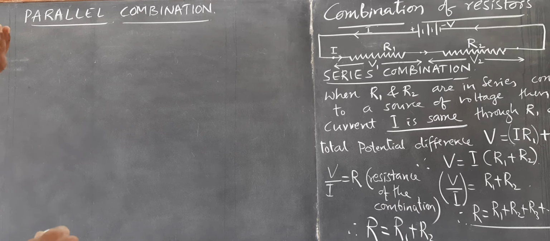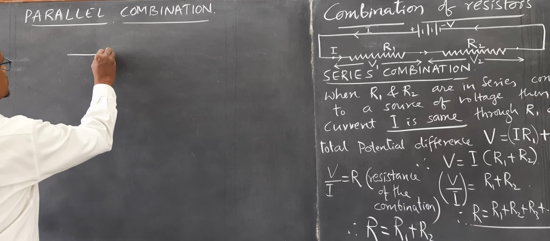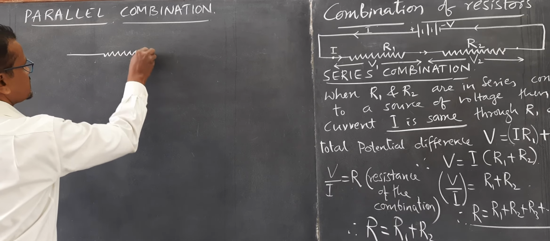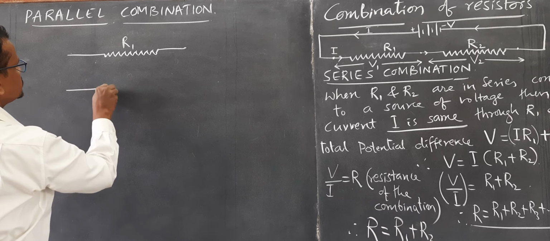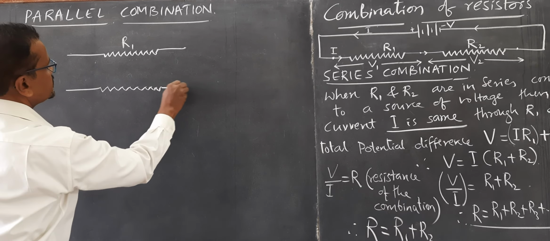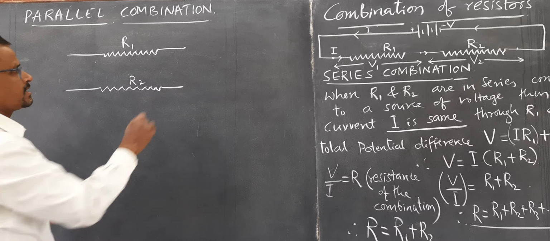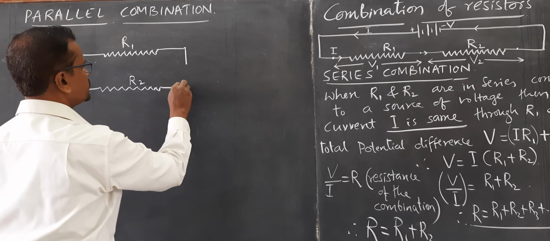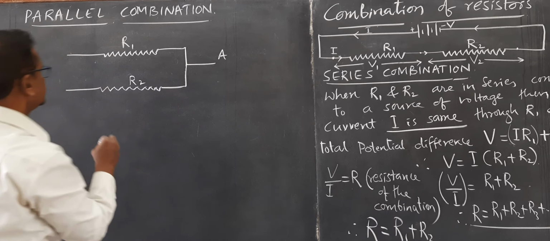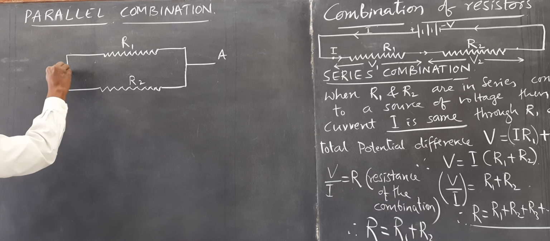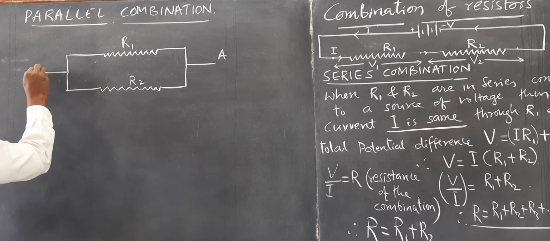Let us now see the parallel combination of the same two resistors. See here, this is R1 and this is R2. Both the left terminals of R1 and R2 are connected to a common terminal A, and both the right terminals of R1 and R2 are connected to another terminal.